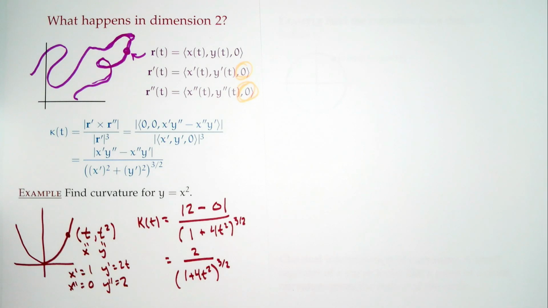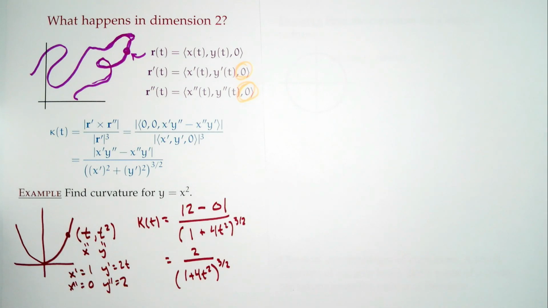Let's ask a question about this answer, though. Where is the parabola most bendy? In other words, when is curvature large? There's only one t, and you have to think about what it is doing. As I make t larger, the denominator gets larger, which means the value gets smaller.